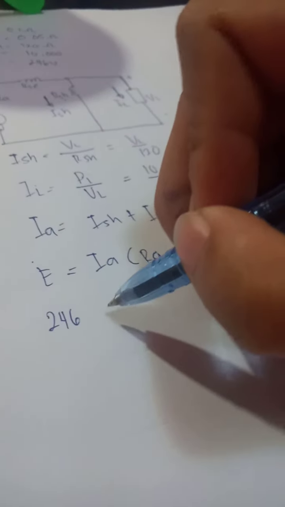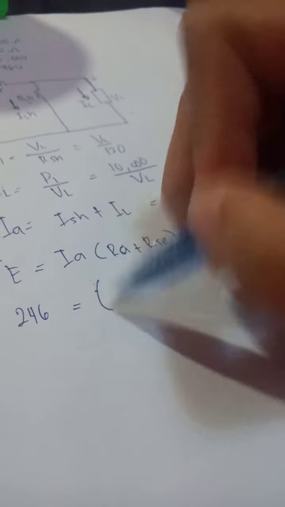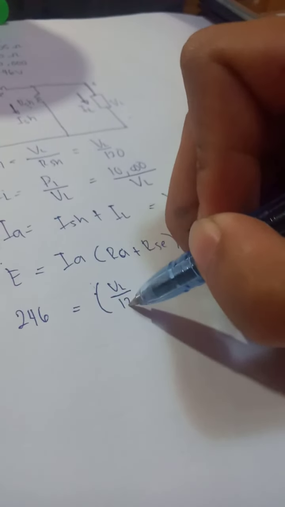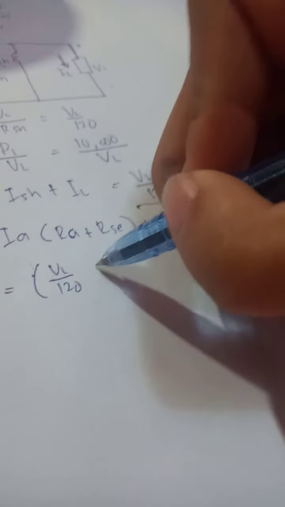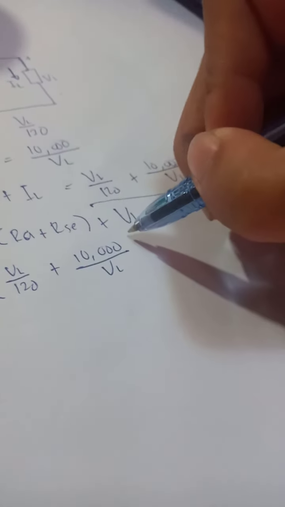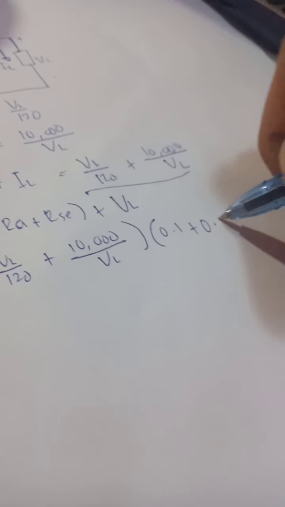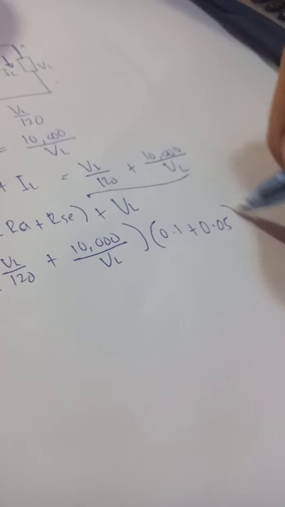We know that E is 246 volts and IA is here, which is VL over 120 plus 10,000 over VL, times RA, which is 0.1, plus RSE, which is 0.05, plus VL.